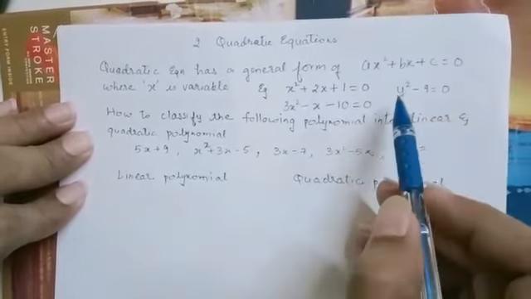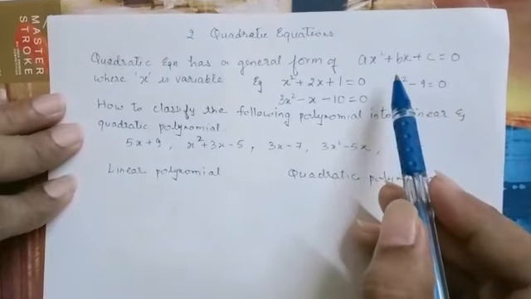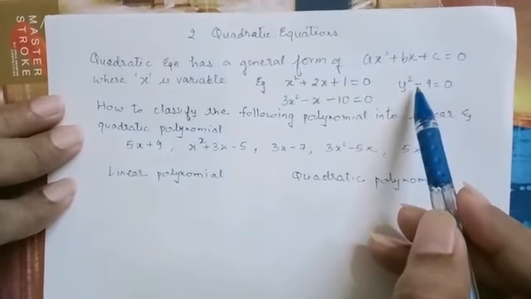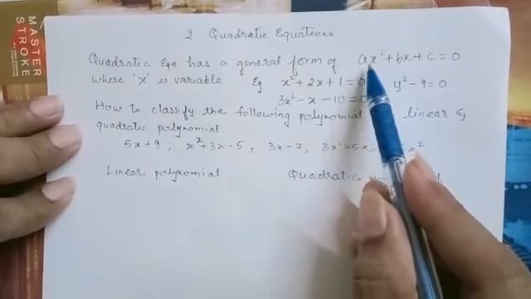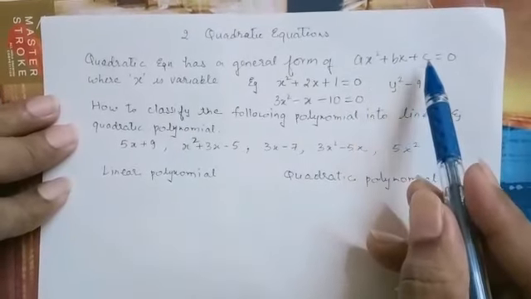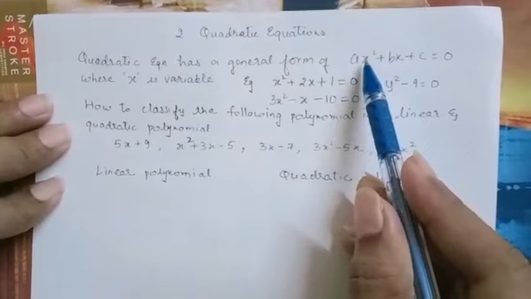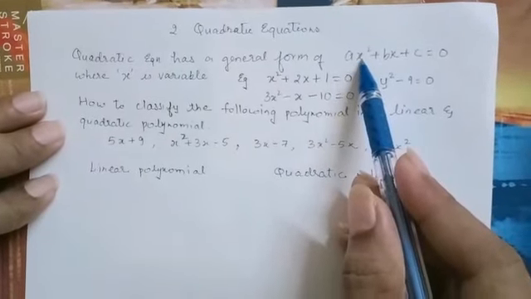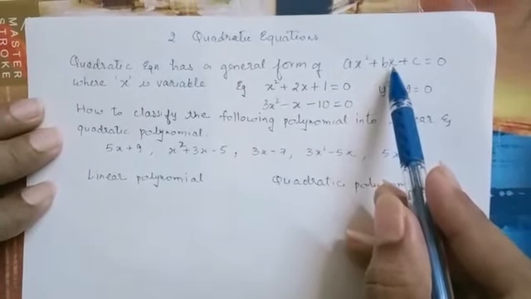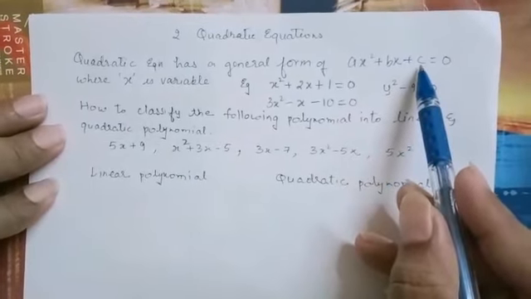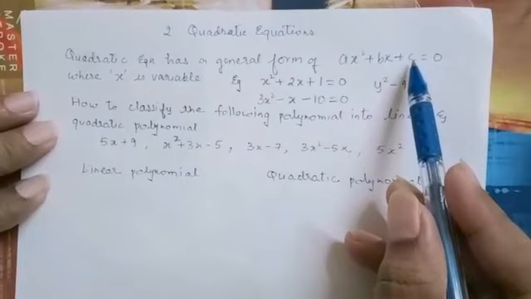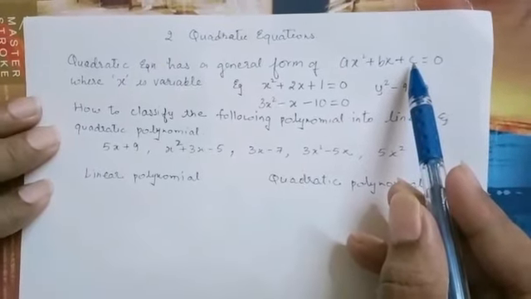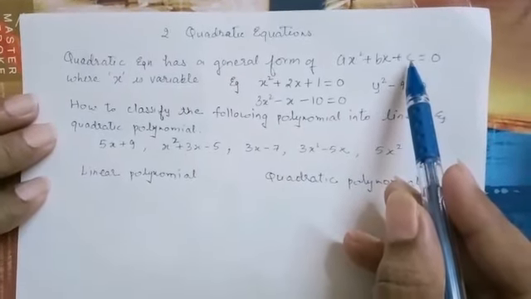A quadratic equation may or may not have the middle term y or x, but its general form is ax square plus bx plus c, where a is the coefficient of x square, b is the coefficient of the x term, and c is a pure number. That means it does not have a variable x or y, so c is the constant, a number.